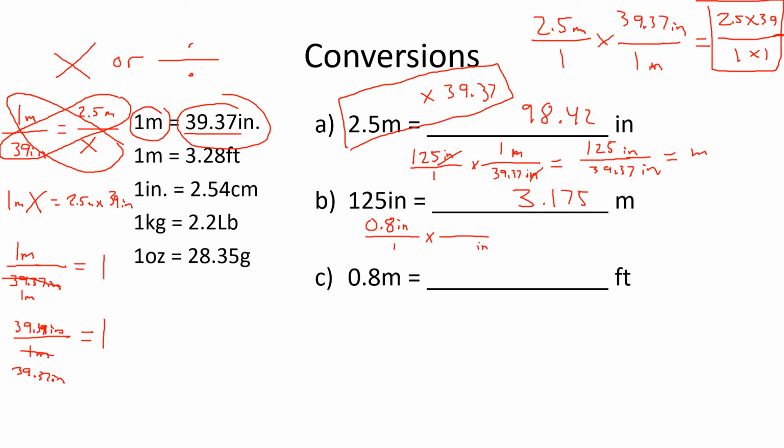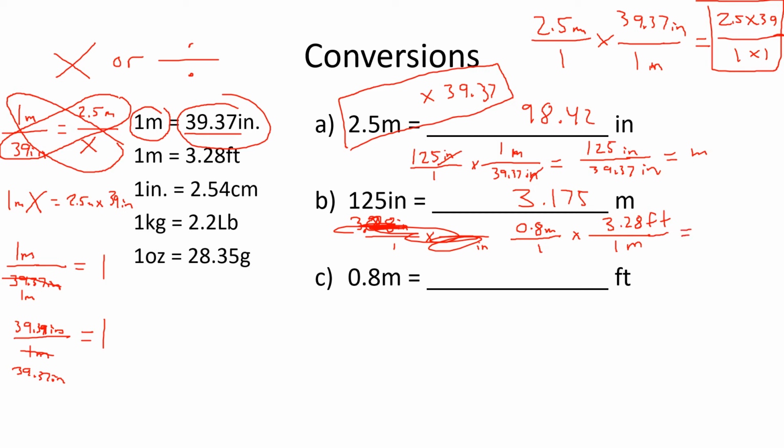No, sorry. 3.28. I'm looking at the wrong thing. Let me start over. 0.8 meters. And for every 1 meter, there is 3.28 feet. There you go. Sorry about that. A little brain fart.